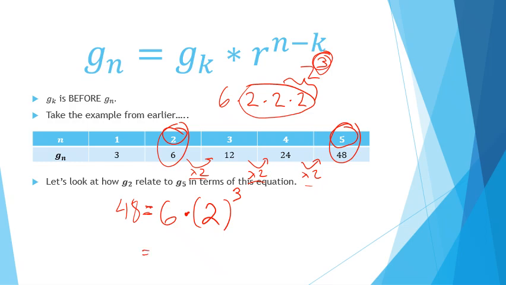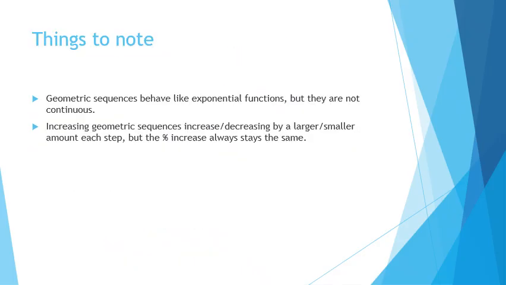So this is really g of k, our starting term, times our common ratio, which is r, to the power, or the number of jumps that it's going to make, is n minus k, kind of like in our arithmetic sequence, and then this should get us to g of n. So that is where that formula comes from.